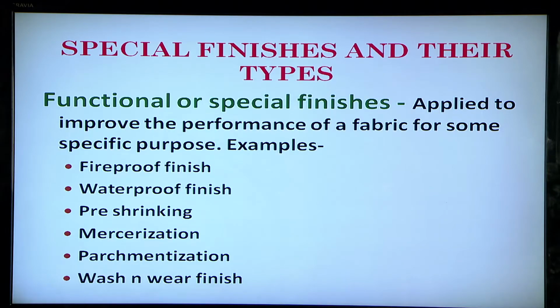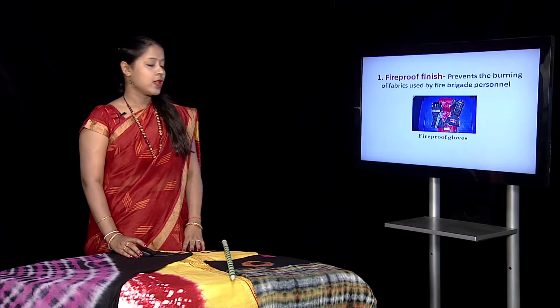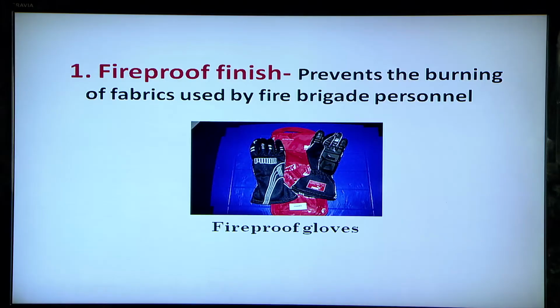The other category, which is that of the special finishes, it includes waterproof, fireproof, pre-shrinking, moisturization, parchmentization and wash and wear finish. It is applied to improve the performance of the fabric for some specific purpose. Talking about each one of them in detail, the first one being the fireproof finish, which prevents the burning of the fabric.